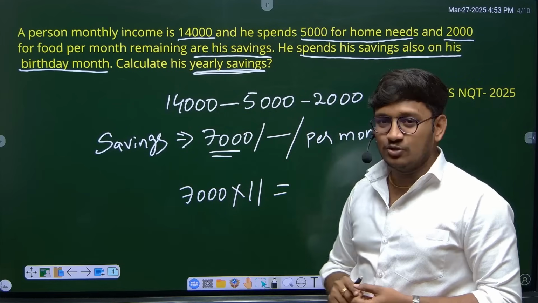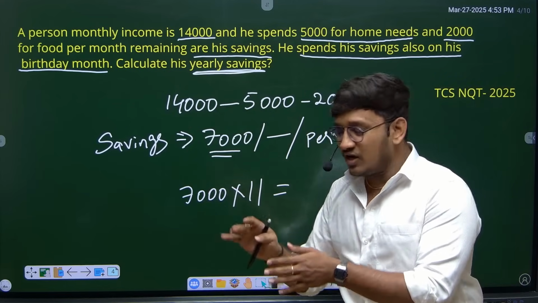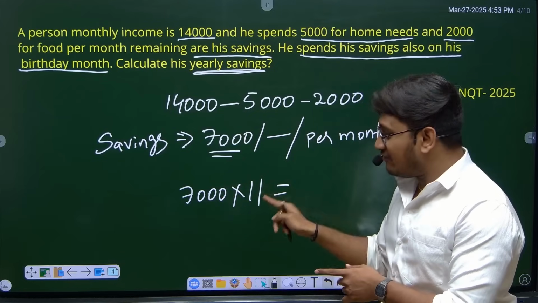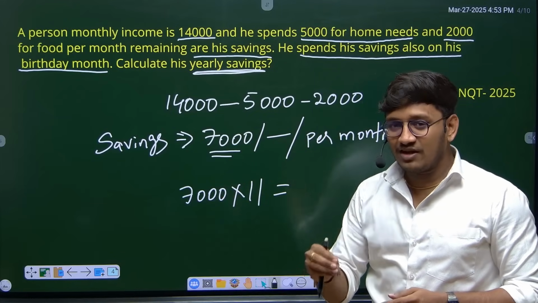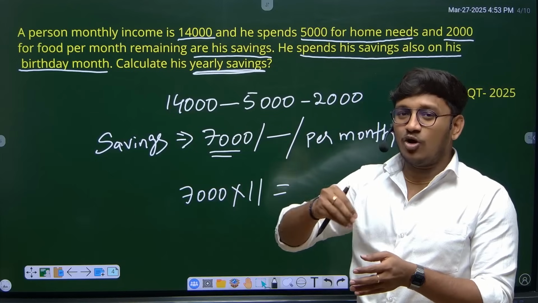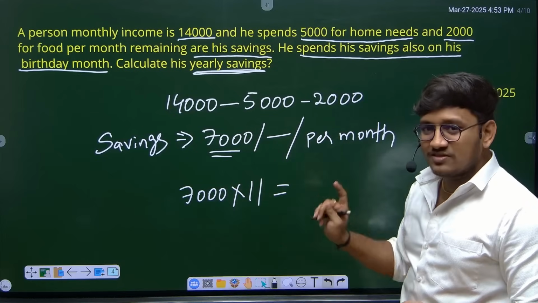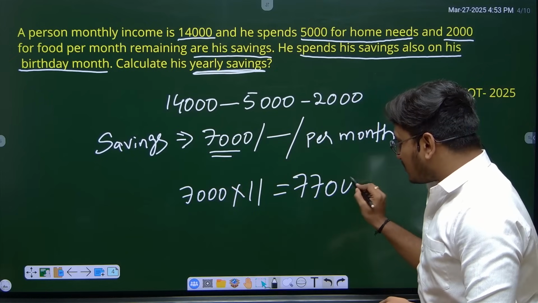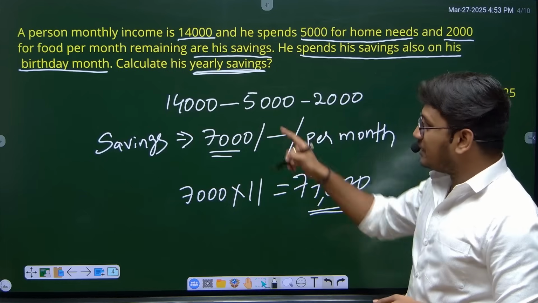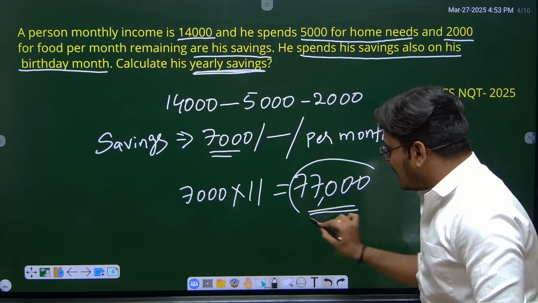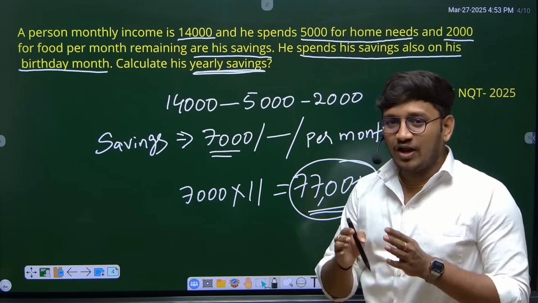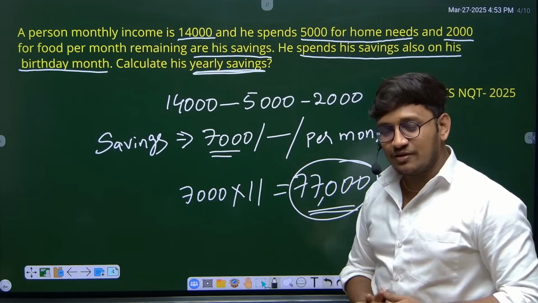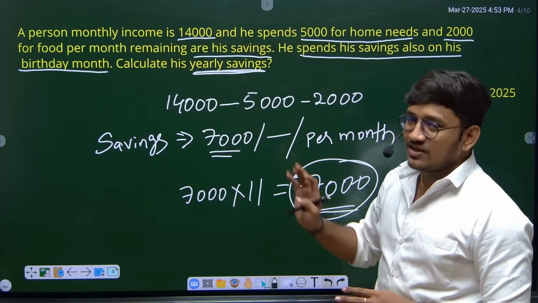It is not 7,000 into 12, it is only 7,000 into 11, because they have clearly given that on his birthday month he will spend all his savings. So only 11 months are left. 7,000 into 11 means 77,000 is his savings per year. So the final answer is 77,000. I hope you all are clear about this question, right? Shall we go for the next one?